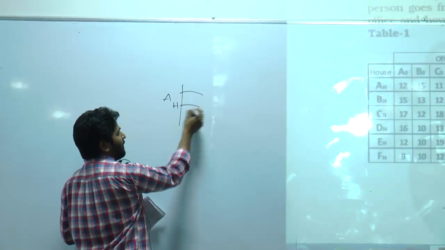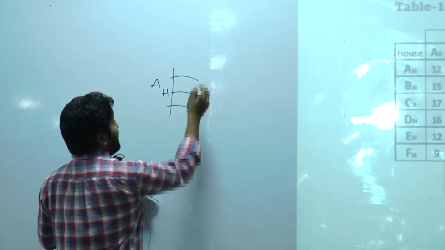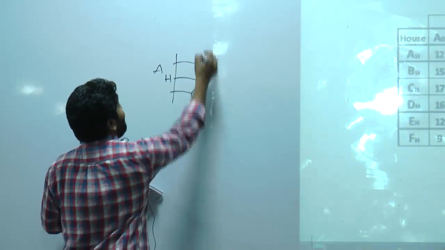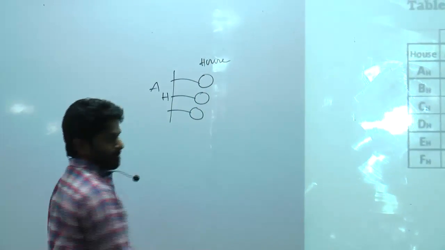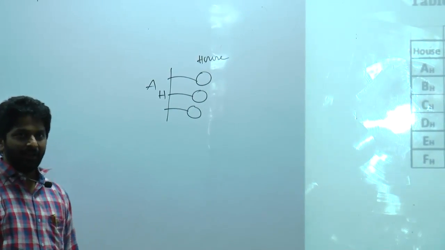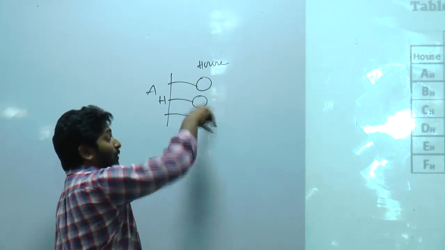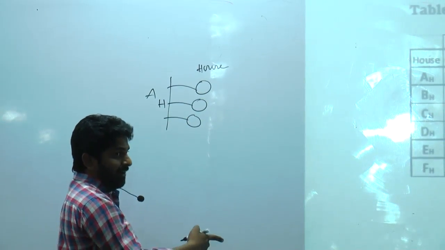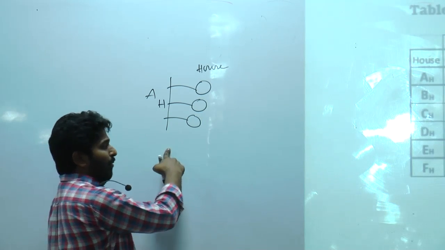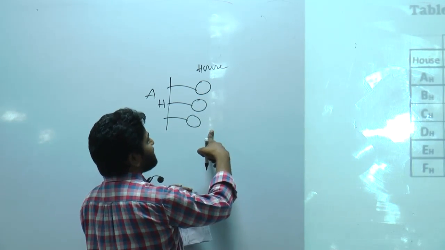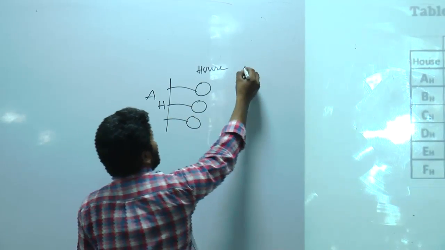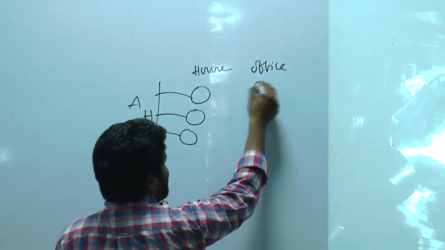Went to 3 other friends' houses. And then they 4 together traveled. A then drops these fellows at their friends' offices.